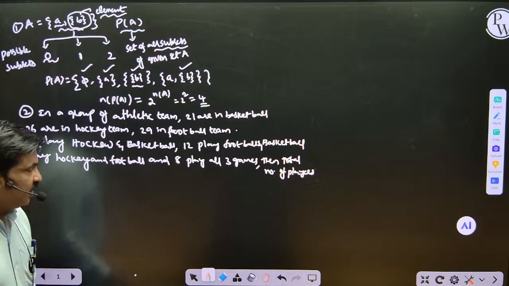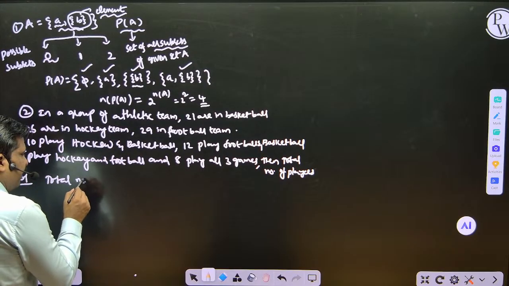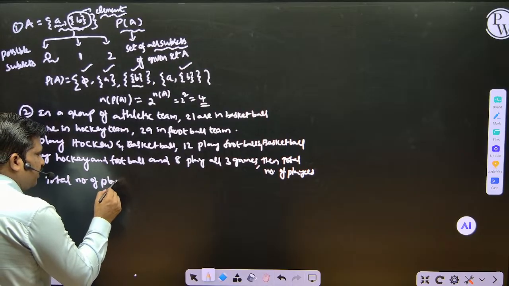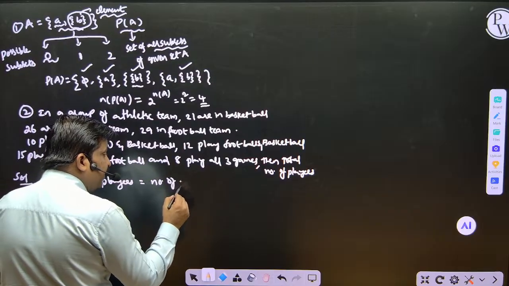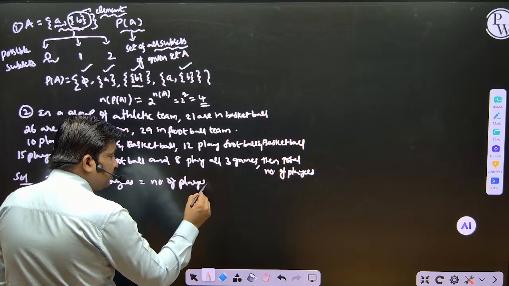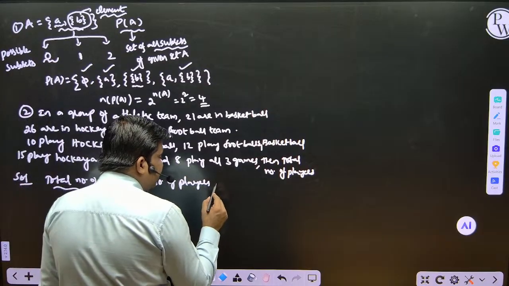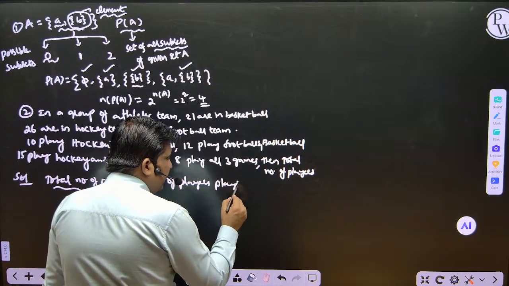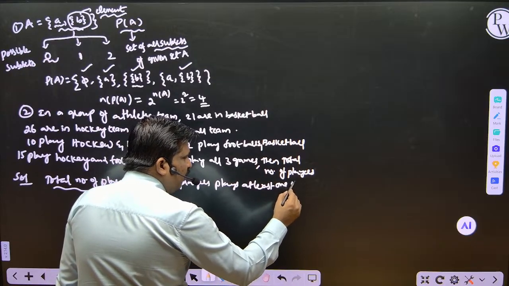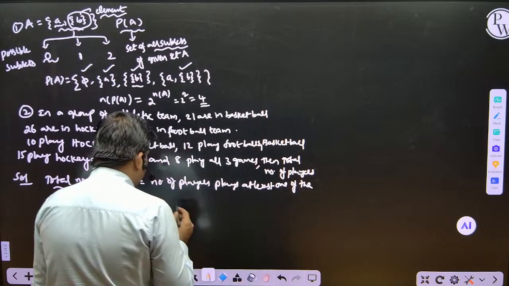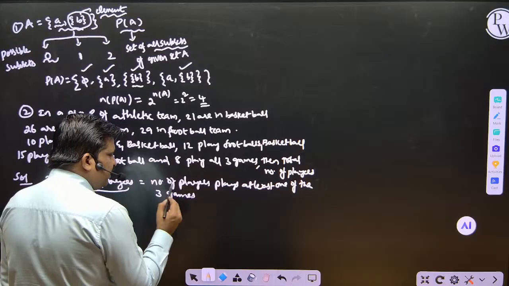Total number of players is equal to the number of players who played at least one of the three games.